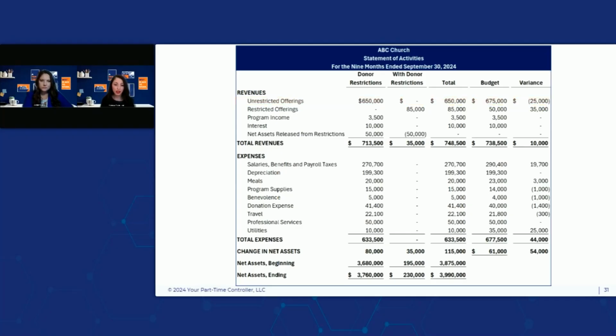And then with that, we look at the restricted offerings or donations, and we're seeing that that is ahead of budget by 35,000. So again, this story is coming together where on the balance sheet, we saw that there was a reduction in net assets that weren't restricted. And here on the statement of activities, we're also seeing that they're getting higher sources of restricted donations instead of unrestricted donations in comparison to budget.